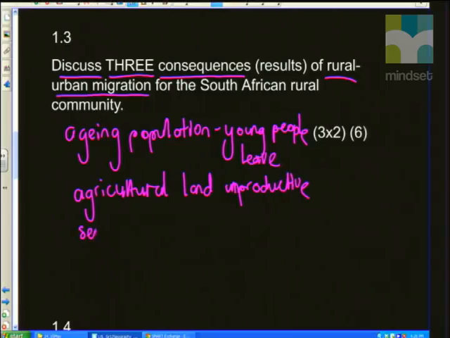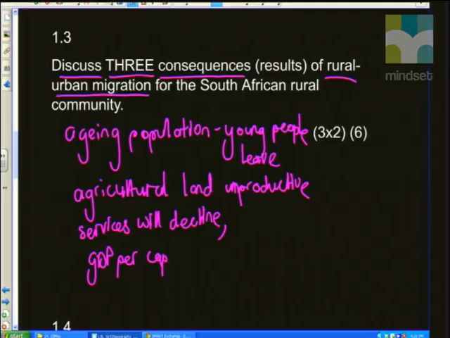Our services will decline, shops will close down, okay? Our GDP per capita will also decrease because most of the able-bodied people have gone to find work somewhere else. Shops have closed down, people are unemployed, the old people are left behind, so therefore the average earnings will decrease. So there's 4 of them for you. There are others. As long as you've explained 4, you'll be fine.